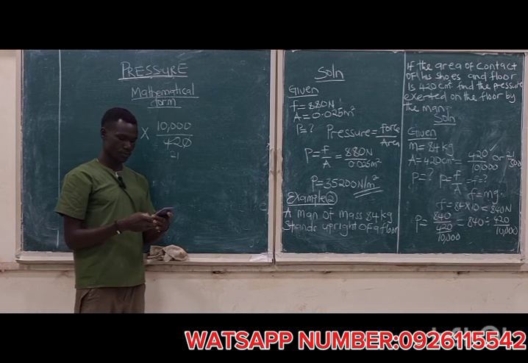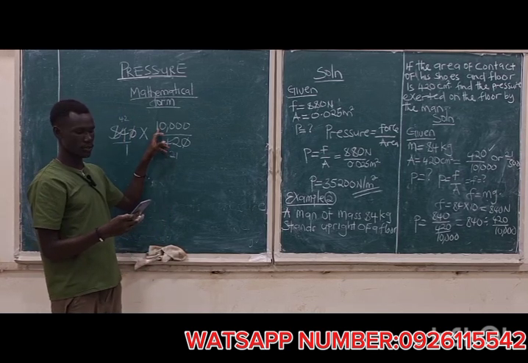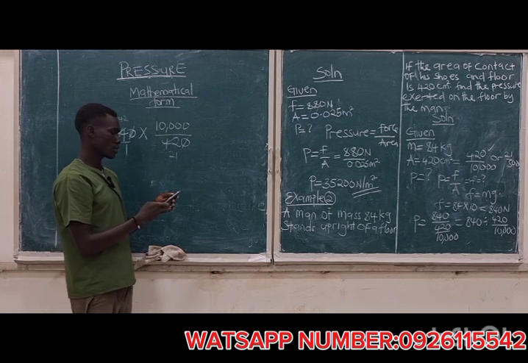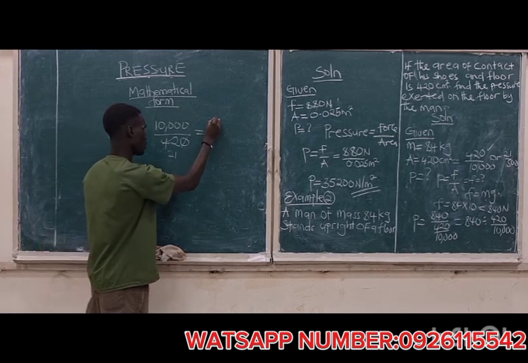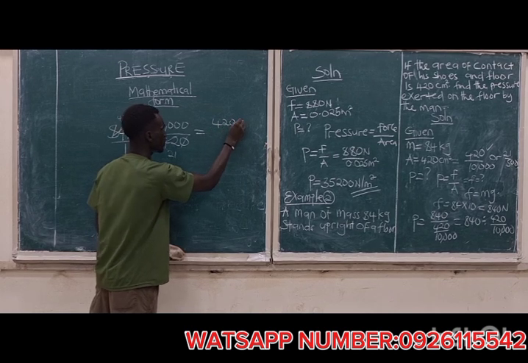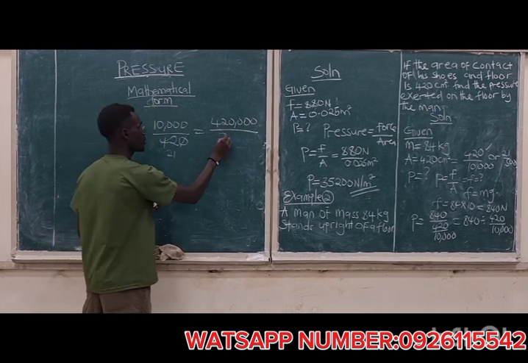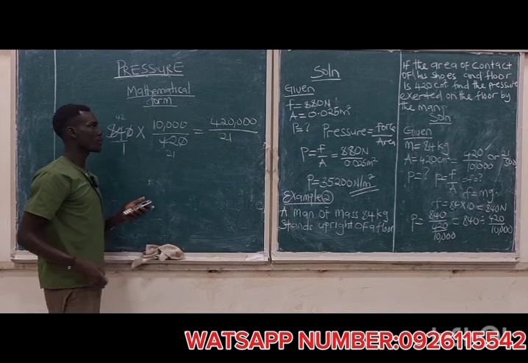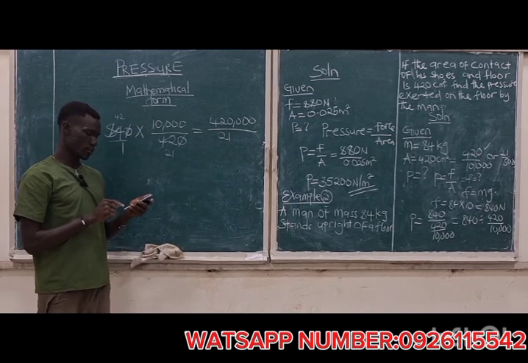42 times 10,000. That one will give us 420,000 all over 21. Now we divide 420,000 by 21.